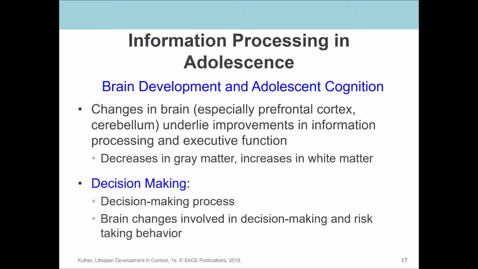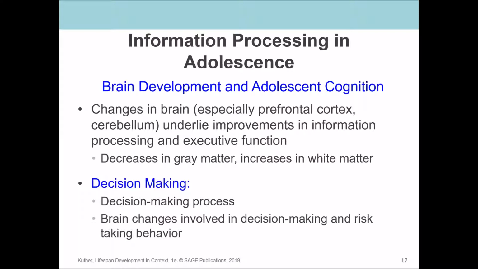So they place more importance on the potential benefits of their decisions than on the potential costs or risks. Many of them are much more reward sensitive as opposed to punishment sensitive. And so they tend to make those decisions that will lead to more of those potential benefits, but then not really consider how it can get them in trouble over time.